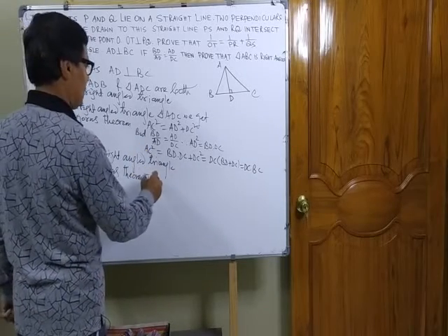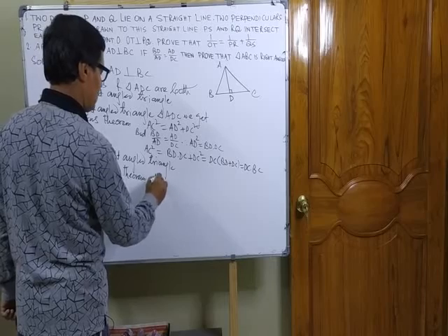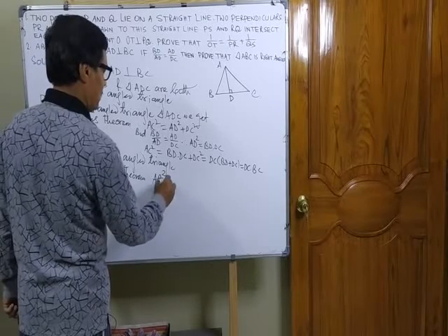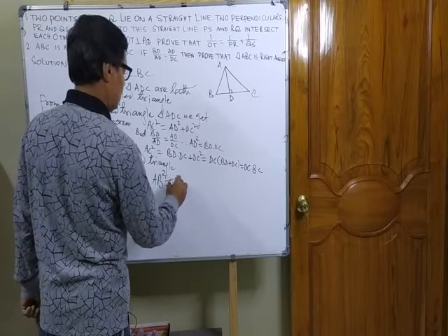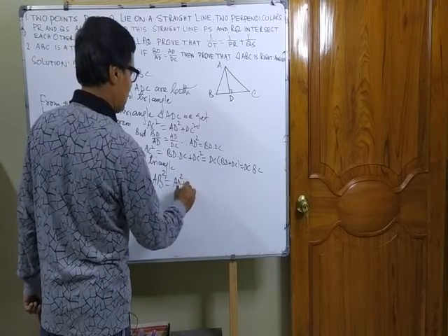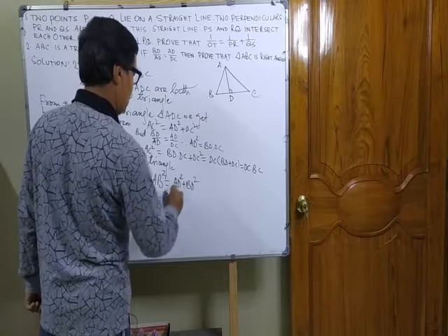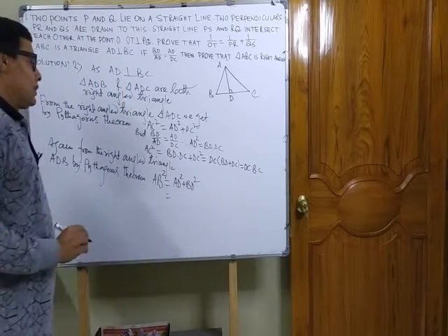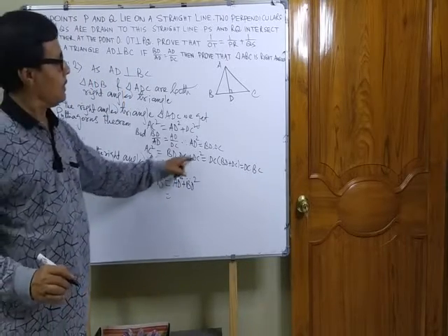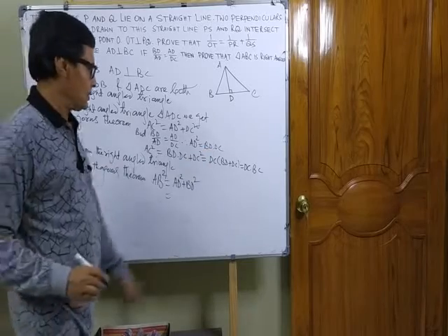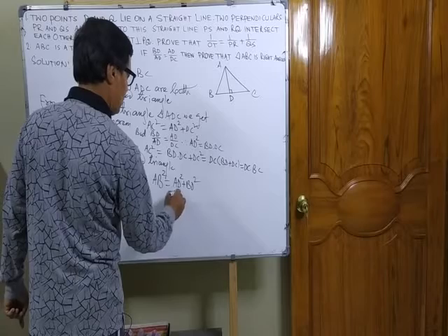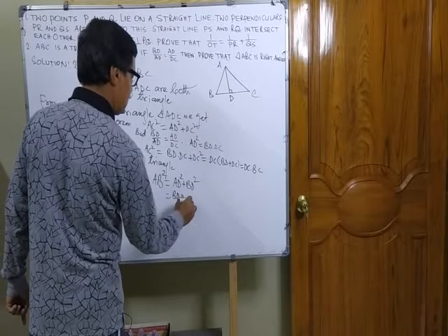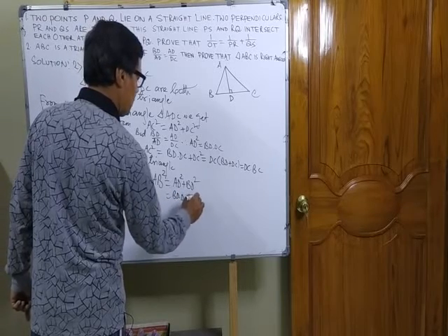From Pythagoras theorem, AB square is equal to AD square plus BD square. Here also we can put AD square equal to BD multiplied by DC. So BD multiplied by DC plus BD square.